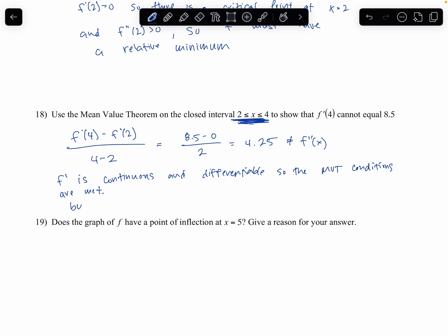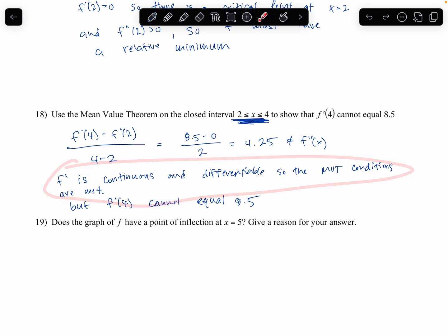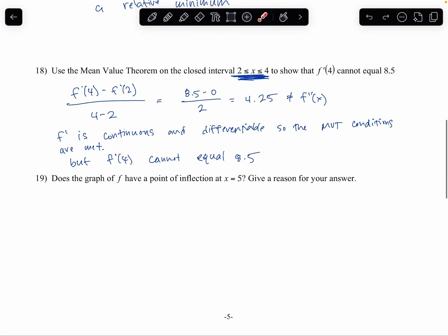I guess you can say, but f prime of 4 cannot equal 8.5. Okay. I think this right here combined with this statement right here is all that you need. Probably even more than we need. But yeah, we'll call that good.